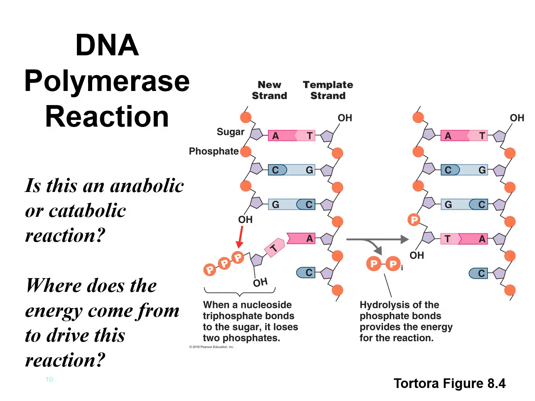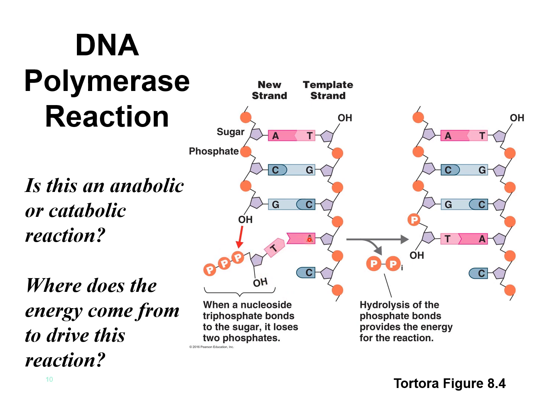Okay, and then taking a look at this picture, we've got our old parent template strand here on the right. And then here's the new strand that we're making. And you can see our 3 prime end is right here with the hydroxyl group. And here you can see our next nucleotide that we're going to be adding in here.